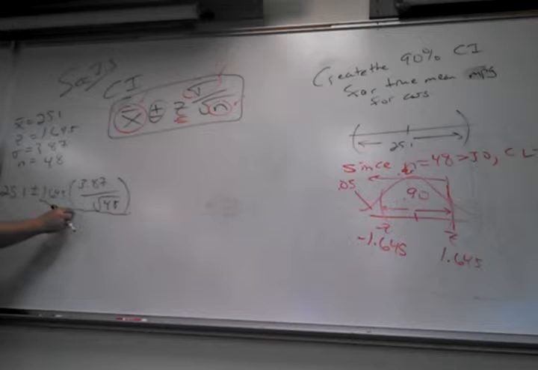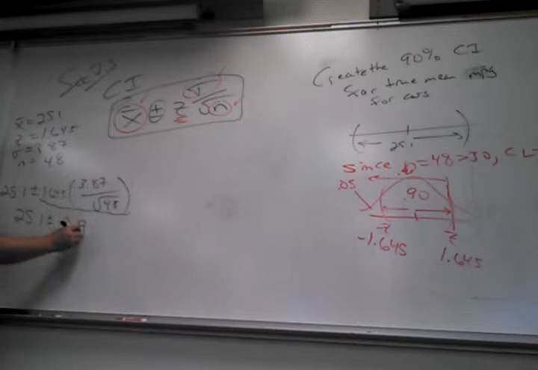So the first thing I would do is to figure out what this error is. What is that when you plug it in the calculator? So I get this here. Is that what you guys get? All right, and now you just got to subtract this from it and add this to it.